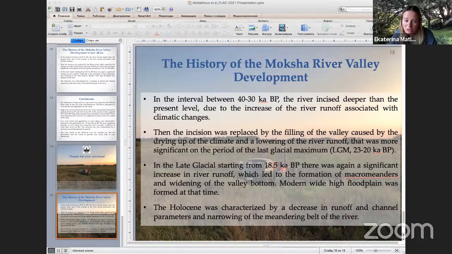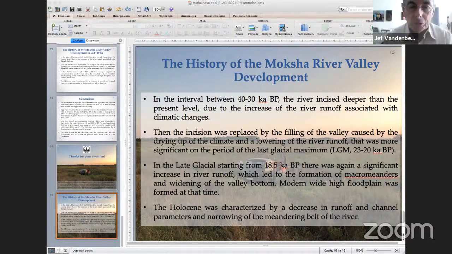But for example, in Don River Basin, they will find thick aeolian covers on the river terraces, and there are some evidences of burying of some parts of the valley by big aeolian fans and aprons and something like this.